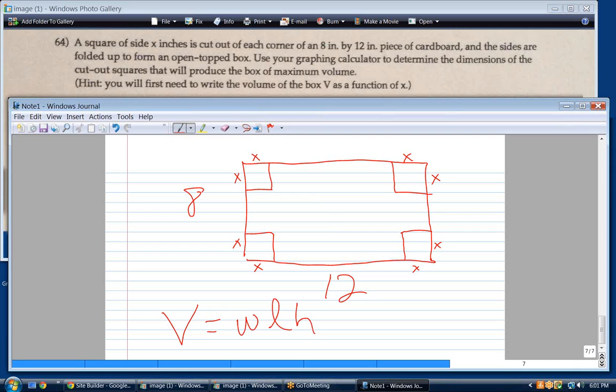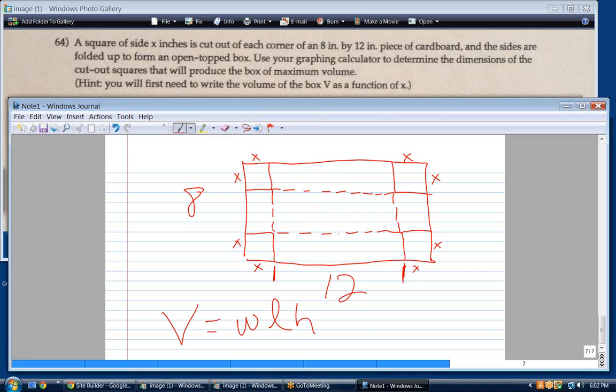What is the width of my box? What is the dimension from here? Now remember what my box is. This is going to be the base of my box, the dotted line, because after I cut out the corners and fold up those sides, this is the bottom of my box.